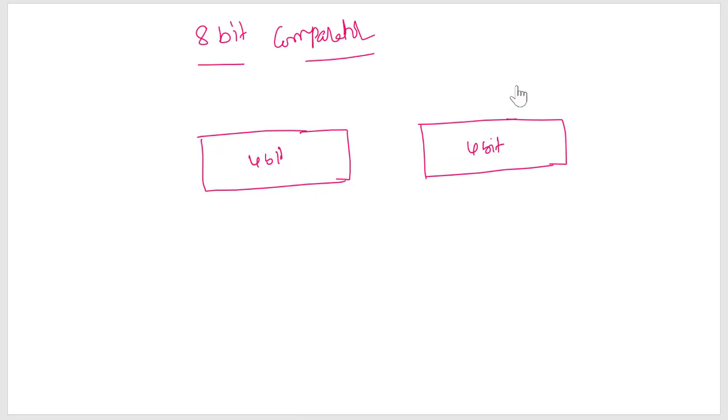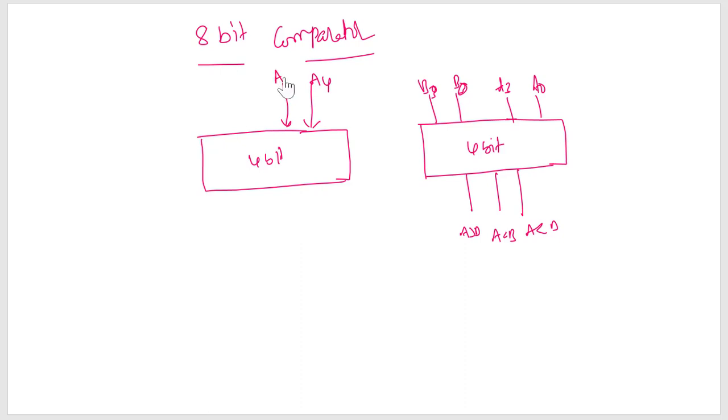It is going to have A0 to A3, and B0 to B3. These are the lower order bits, and you are going to have 3 outputs as usual. Now for the higher order bits, this is going to have A4 to A7 and B4 to B7 here.